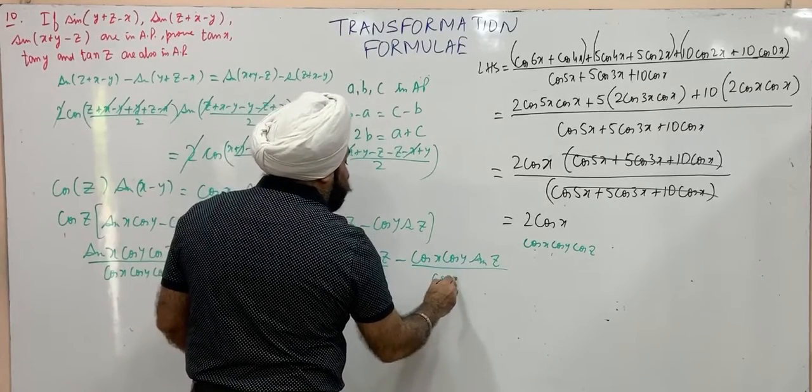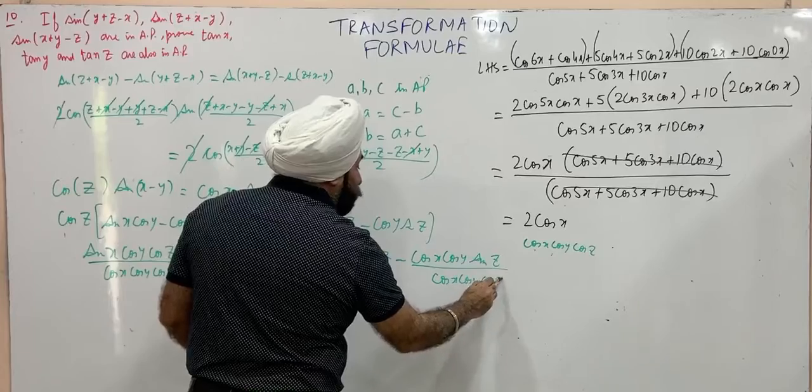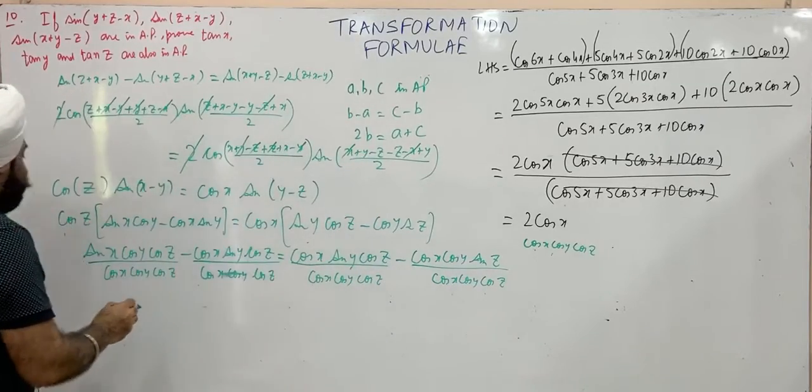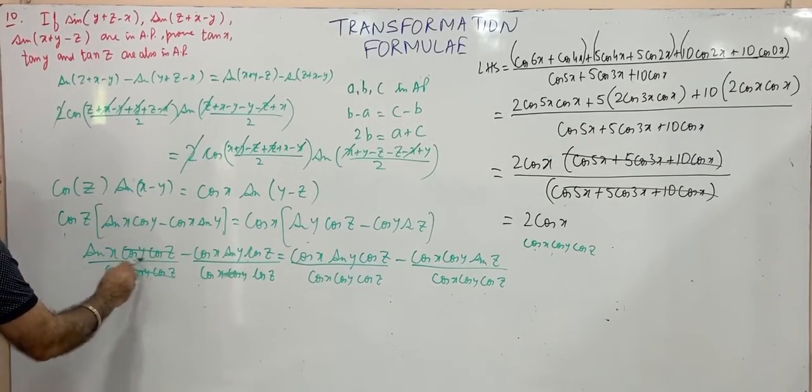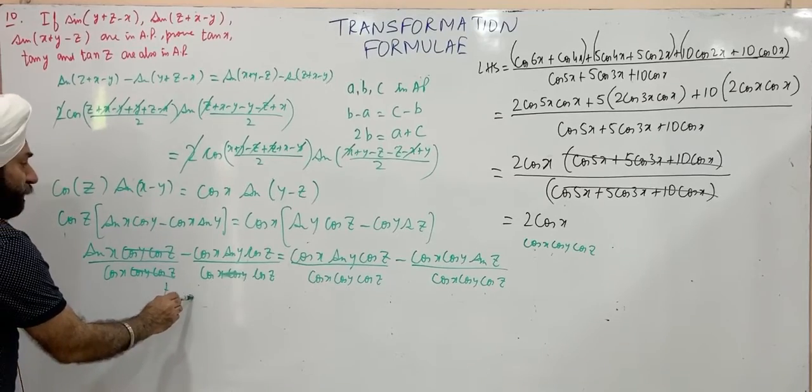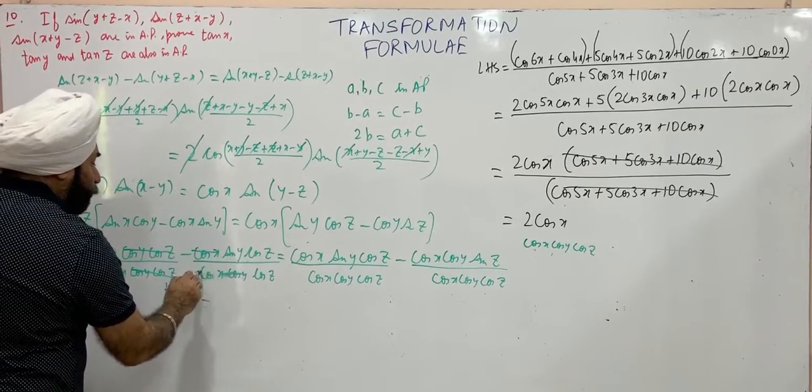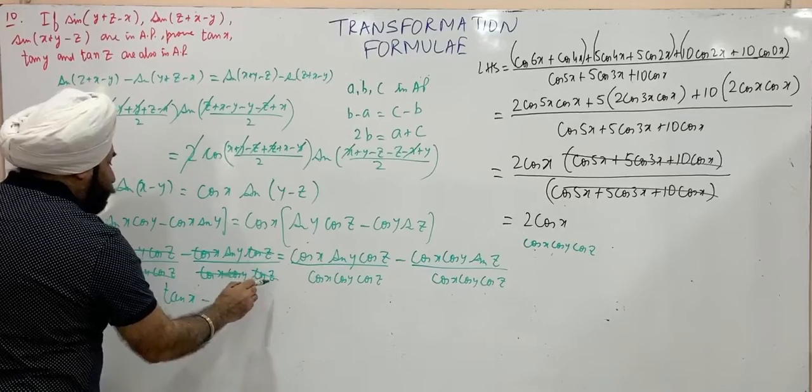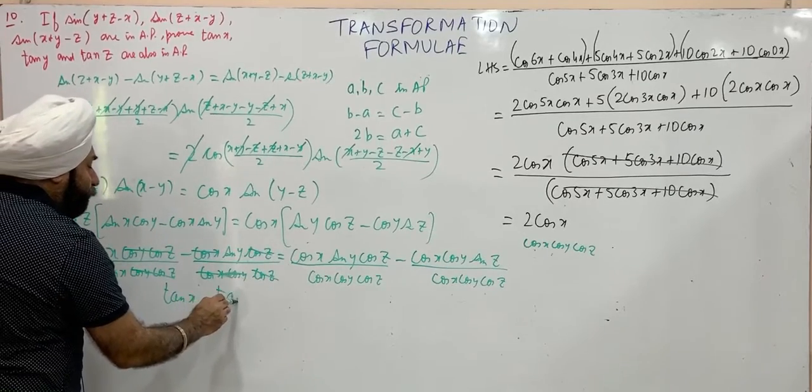So this will cancel out. This is tan x minus, here cos cancels out, cos z cancels out. This is minus tan y.